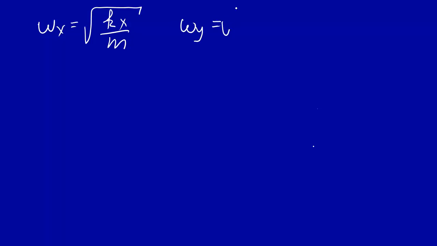And what do you mean by omega in the x and y direction? Well, omega in the x direction will be the square root of the force constant in the x direction divided by mass, and omega in the y direction will be the square root of the force constant in the y direction divided by mass. So that was actually quite simple.